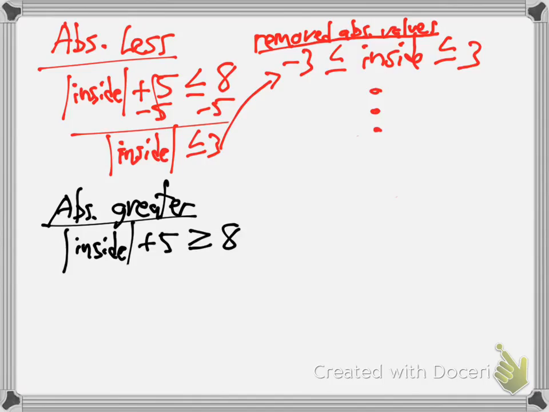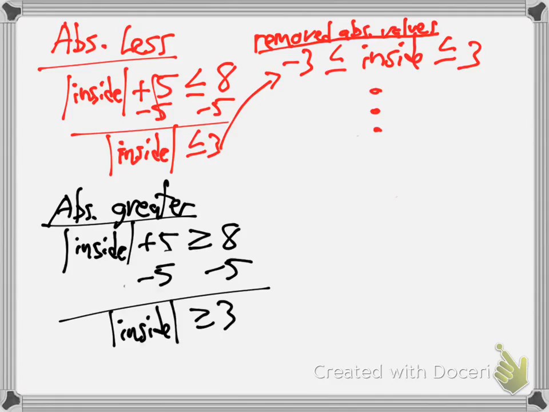And now for the absolute value greater, again, you would... whoops, got the wrong color there. Oh, come on. So again, the first step is to subtract the 5, and we have the absolute value of the inside greater than or equal to 3. Then remove the absolute values.